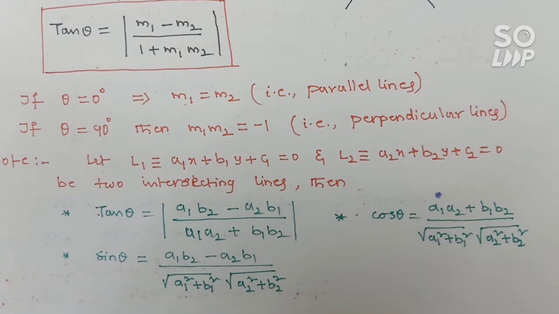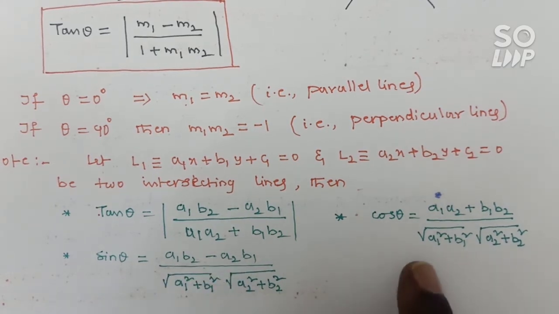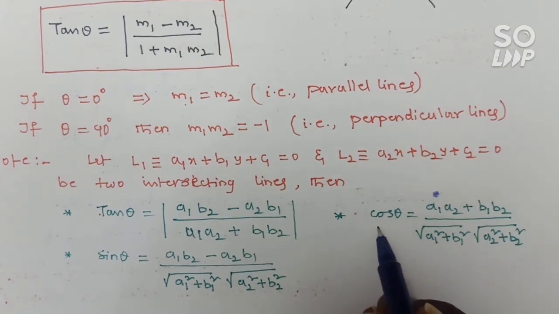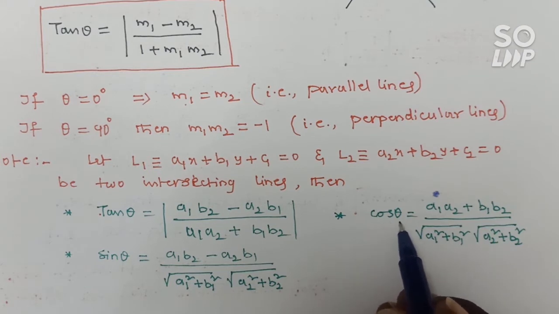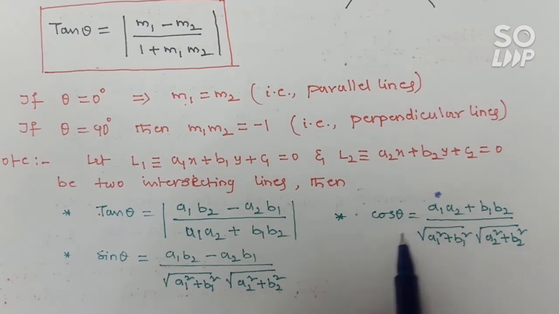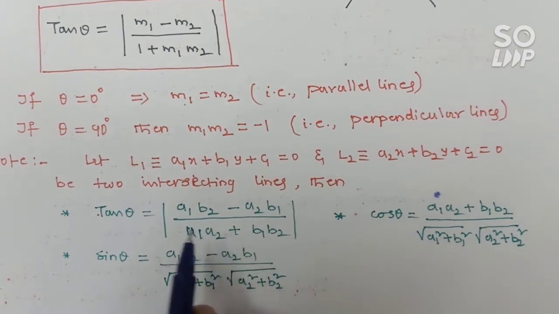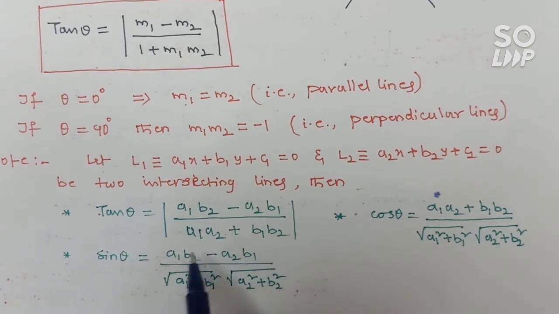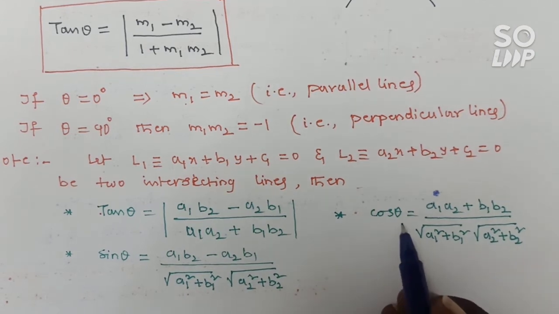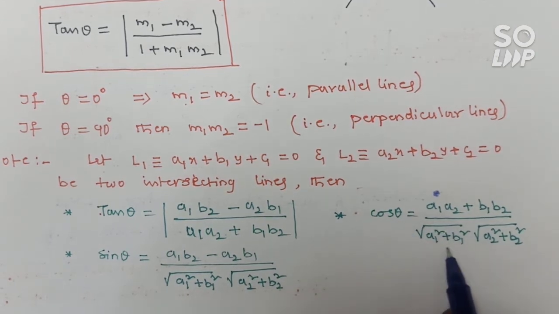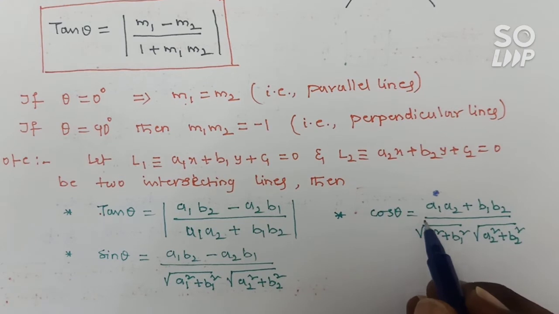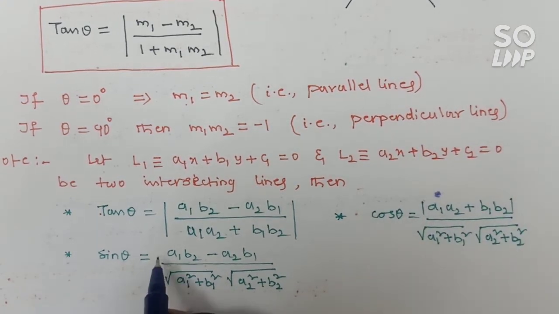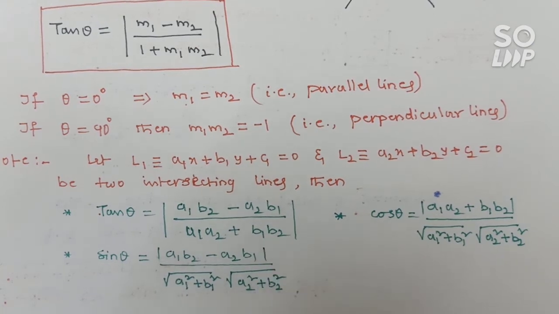Now from these formulas, generally most students will use the cos theta formula. The second possibility is the tan theta value. The others are rare cases. Now from this cos theta value, here you write the modulus, here also you write the modulus, right?